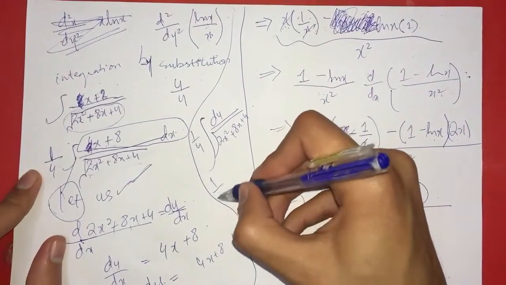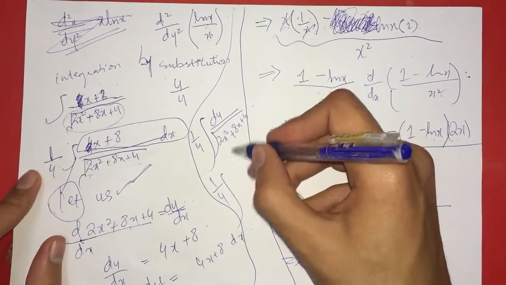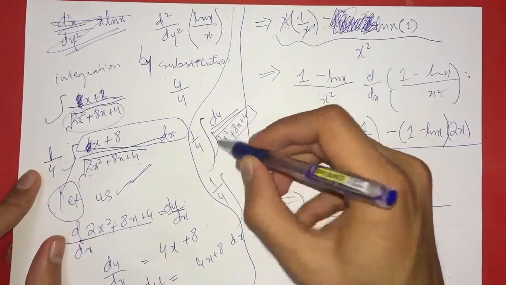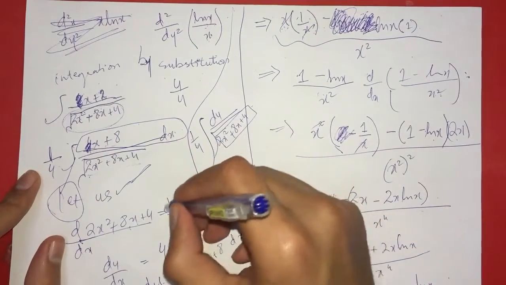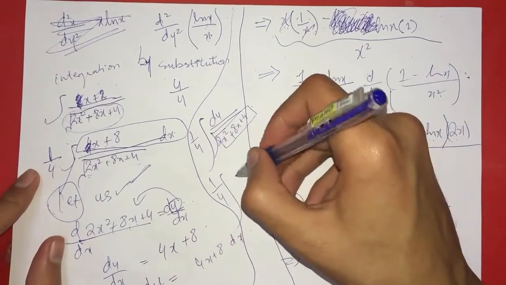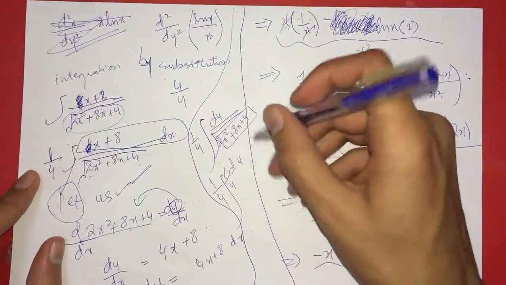Now 1 by 4 into, and this we supposed to be equal to u right here. So this is equal to u. So we substitute u, and so 1 by under root u into du.